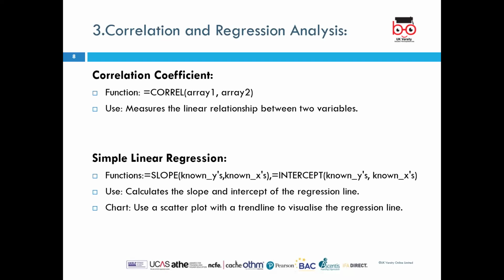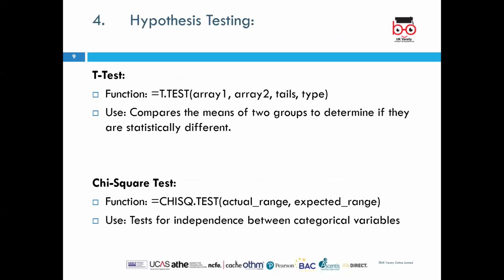Correlation and regression analysis: with a correlation coefficient, we measure the linear relationship between variables. With simple linear regression, we use a scatter plot with a trend line to visualize the regression line.